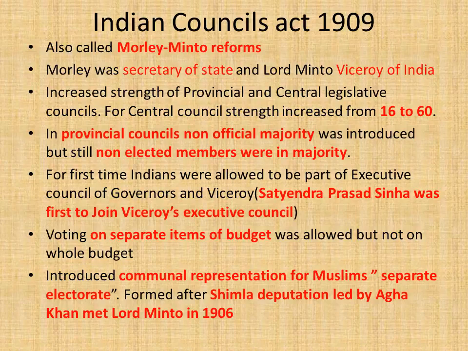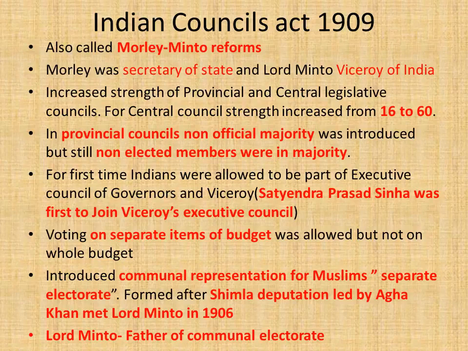Mr. Aga Khan led a Shimla deputation, and he met Lord Minto in 1906, and he placed a demand for a separate electorate. So from there, this idea came into existence, and it was introduced in the Act of 1909. You must remember this point, this is very important. Lord Minto was called the father of the communal electorate. You must remember that Lord Minto is called the father of the communal electorate.